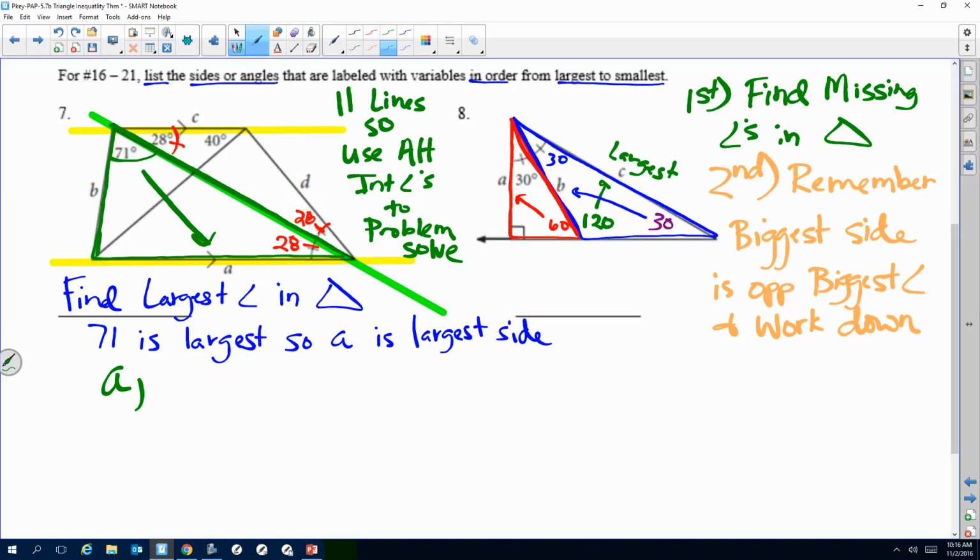Now, in order to do this, I need to know the angle measurement so I can correlate it with the side it's opposite. Right now, I know B right here is opposite what? This side right here goes with 28, and let me redo this.